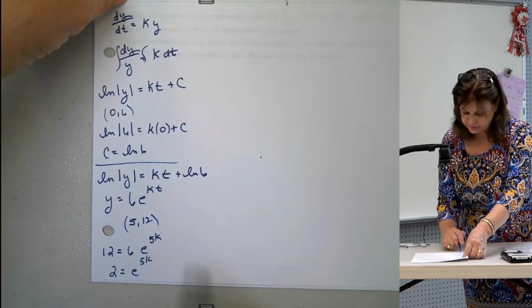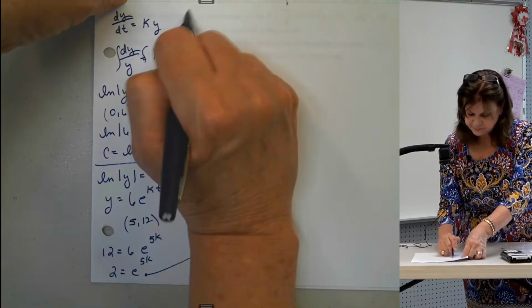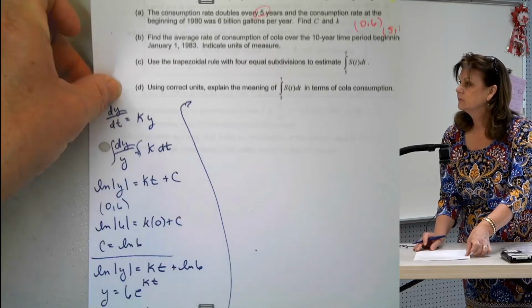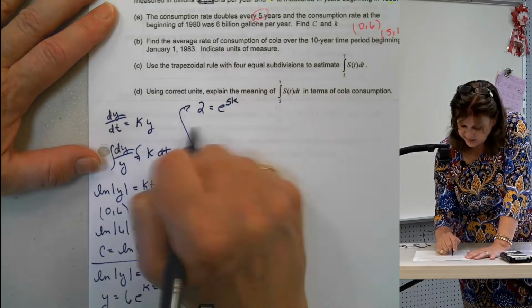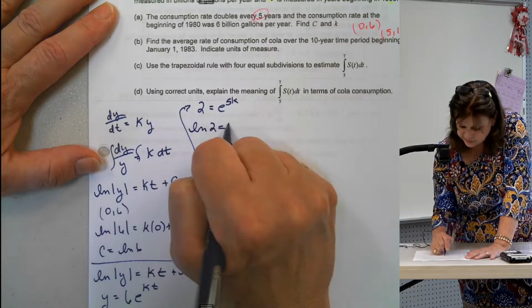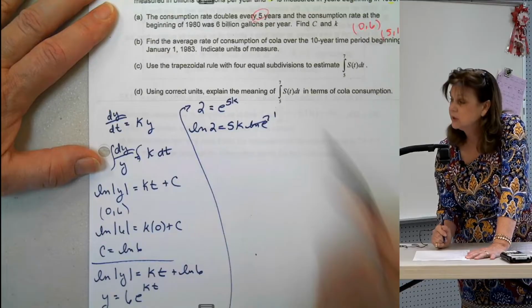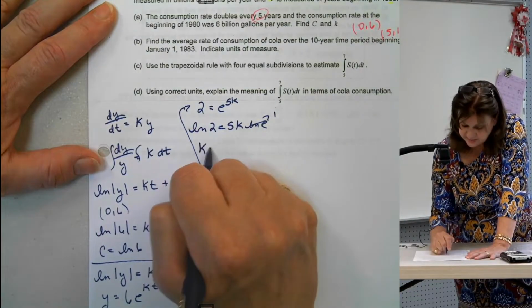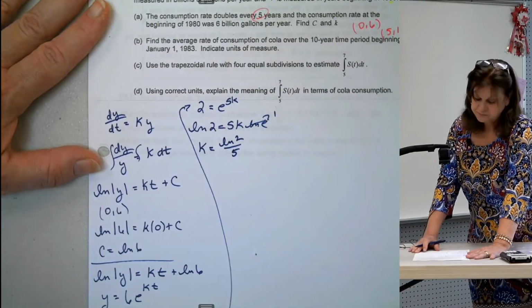Okay, so 2 is e to the 5k, natural log 2 is 5k ln e, of course that's going to be 1. So k is ln 2 divided by 5.